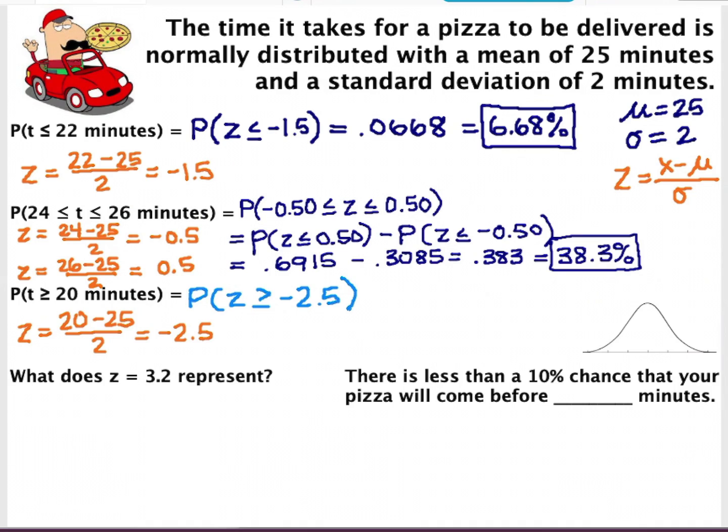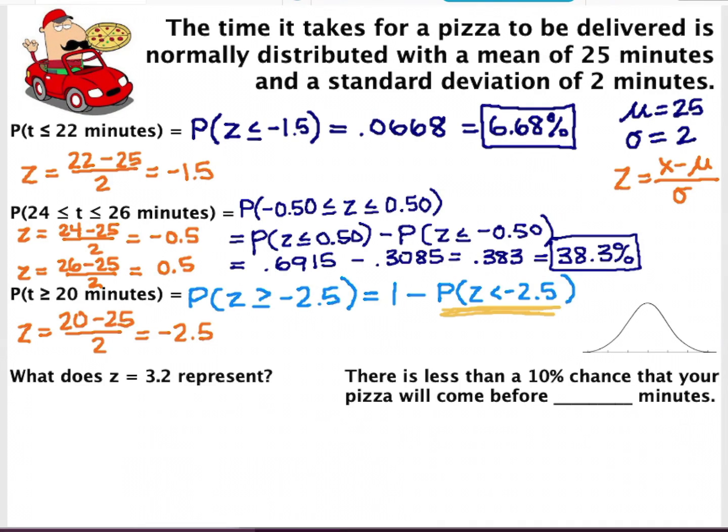But again, the table only gives me the less than or equal to's. But in this case, we can just think of it as an easy complement, right? What's the opposite of being greater than or equal to negative 2.5? The complement: 1 minus the probability of z being less than negative 2.5.